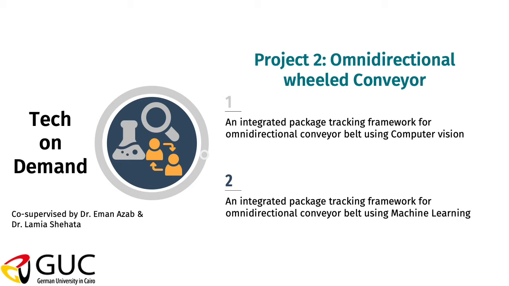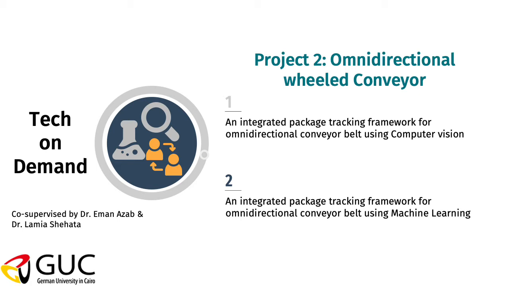But in order to do this, we need to identify what is the type of package that is currently placed on the conveyor. So when you tell what this package is, then you can take the decisions whether should you route it to the right, to the left, or to straight, or to actually keep it still on the conveyor.